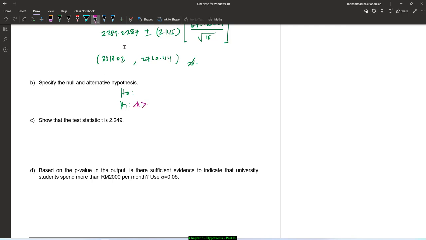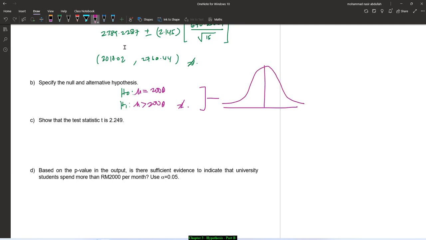Mu is more than 2,000, so the null hypothesis is mu equal to 2,000. Very simple to identify. This indicates a one sample, one tail test. The rejection area is on the right tail, and this is the acceptance area.